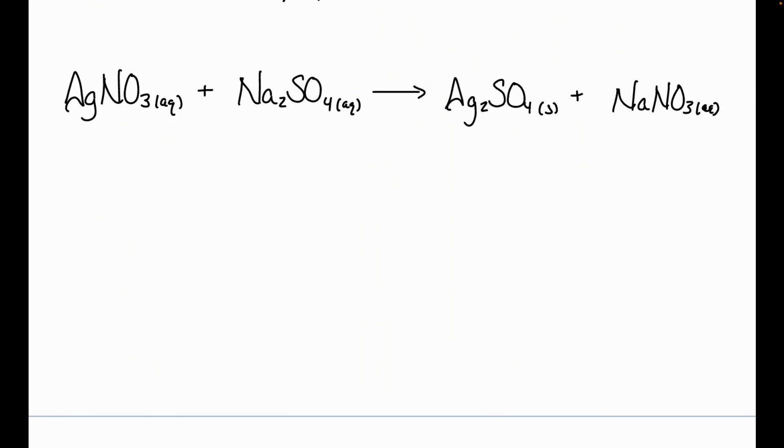We've got to balance this chemical equation. Let's be careful. Previously it was 1 to 1 to 1, but we got these coefficients of 2 out front of the silver nitrate and our sodium nitrate. So now everybody take a second and give me the net ionic equation.